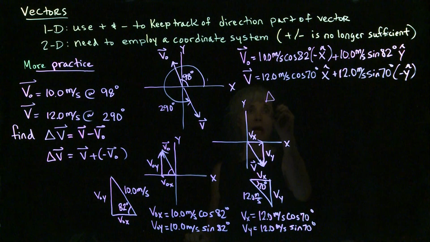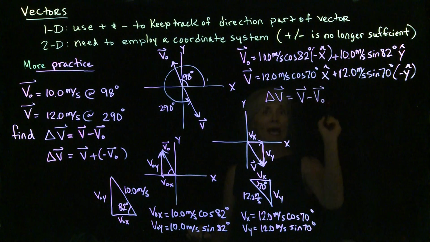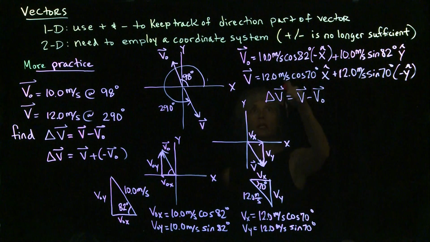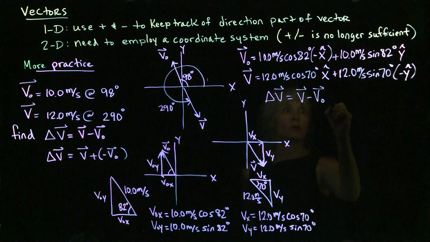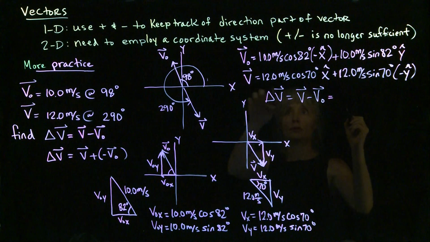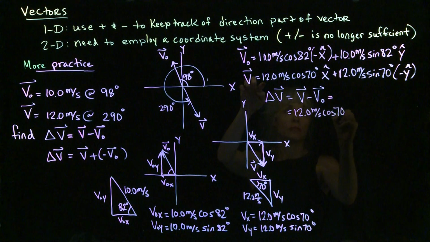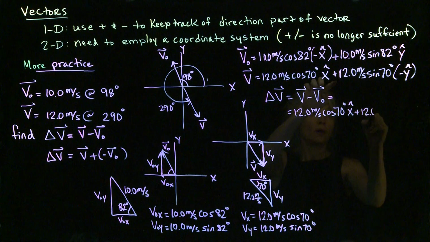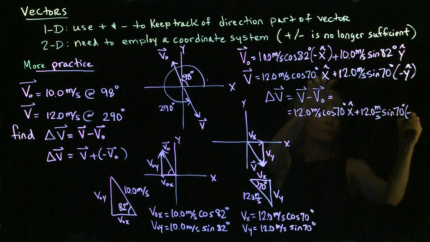Okay, so the change in the velocity is equal to V minus V naught. We now have these vectors in the form that we can deal with addition and subtraction. The only way you can add and subtract is in component form, and we do have them in component form. So then we have vector V first, which is going to be our 12 meters per second cosine 70 degrees x hat plus 12 meters per second times the sine of 70 degrees minus y hat.